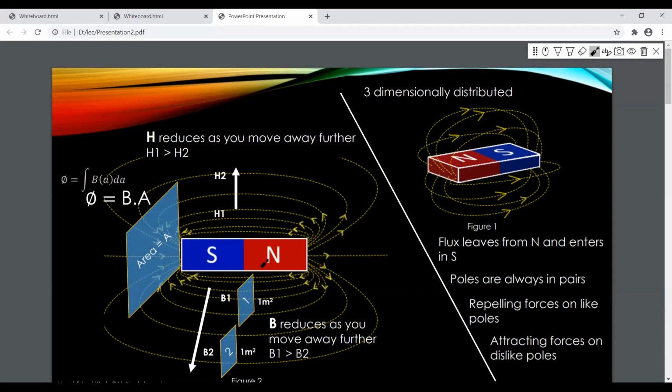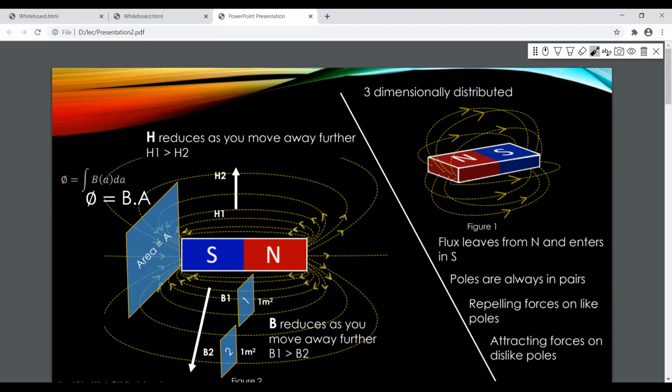And the other thing I want to mention here in this graph is that if you observe the flux distribution, when you go closer to the magnet, the number of flux lines increases. And as you go further, the number of flux lines decreases. So if you consider a unit area closer to the magnet itself, the magnetic flux density is higher there.